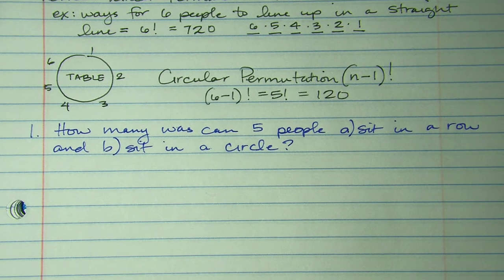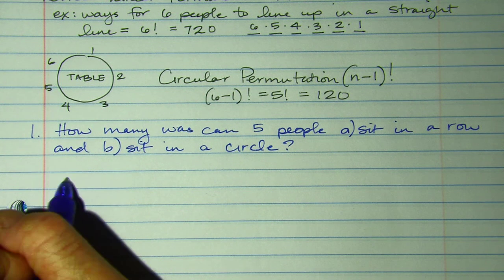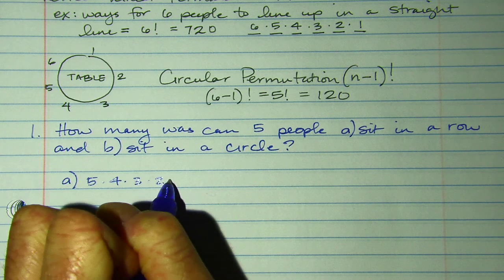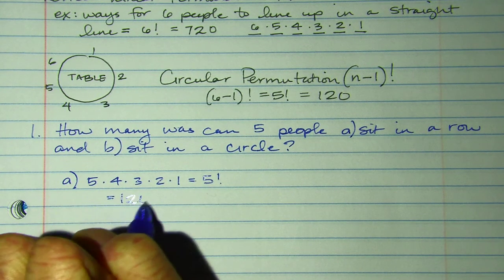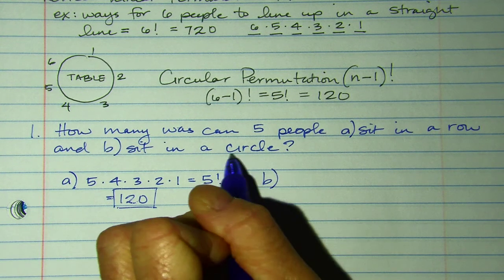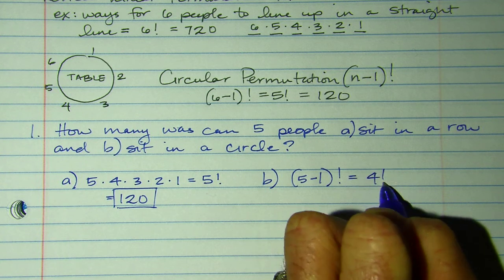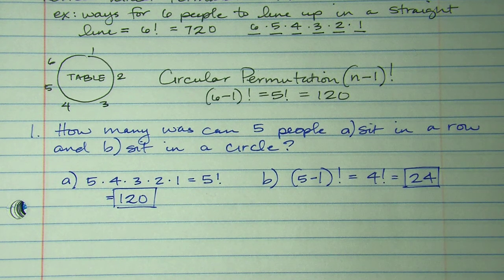Okay, so they'd like us to do how many ways can they sit linear, all in a straight line, and how many different ways can 5 people sit in a circle. So part A would just be in a straight row, so 5, 4, 3, 2, 1, or 5 factorial, which as we discovered above is 120. Part B, because it's in a circle, it would be 5 minus 1 factorial, which is 4 factorial, which is 24. 4 times 3 times 2 times 1.